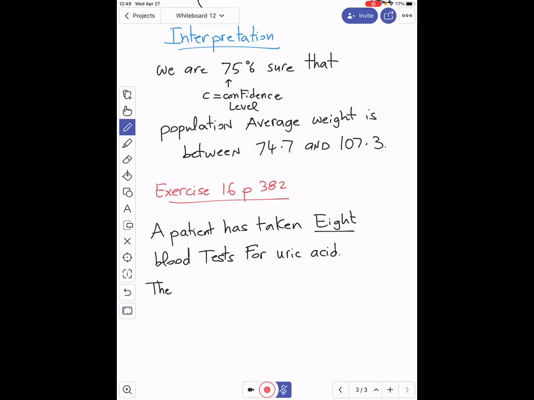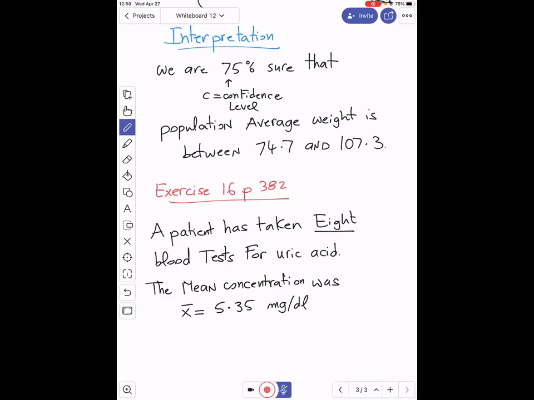So we have these 8 tests, and the average or mean concentration was X bar equal to 5.35 milligrams per, I think, deciliter.